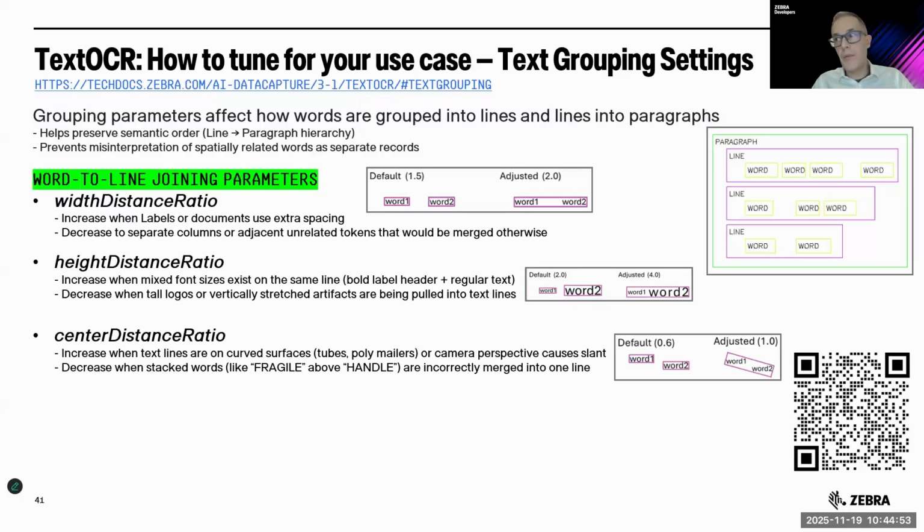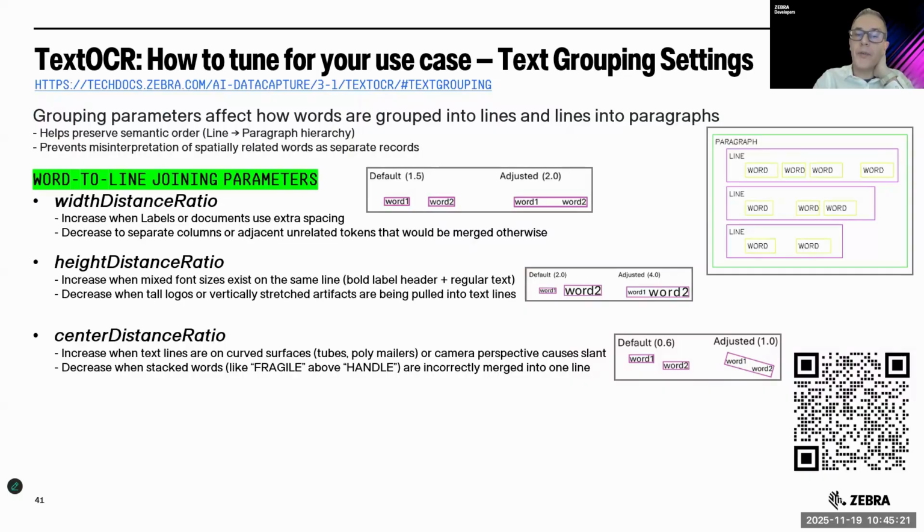This aims to respect the original semantic order of what has been framed in the image, and so we have three parameters affecting the way that words are assembled into lines, starting with the distance ratio. I've added a picture displaying how this works.